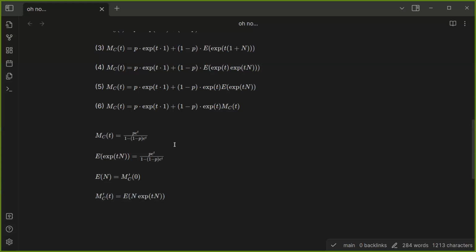If I take the derivative with respect to t, n will appear inside the expected value before the exponent.